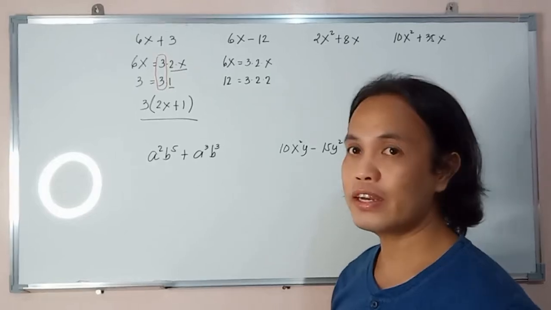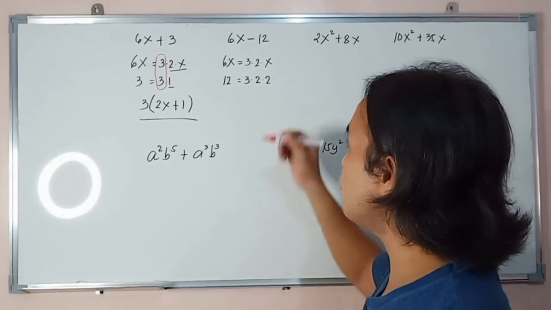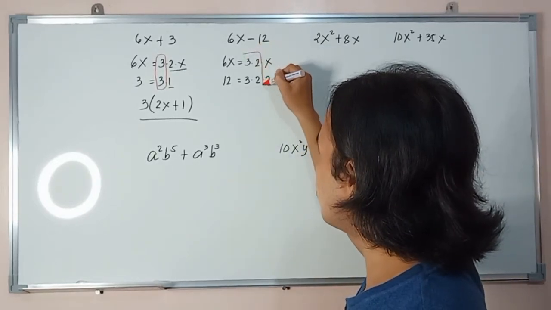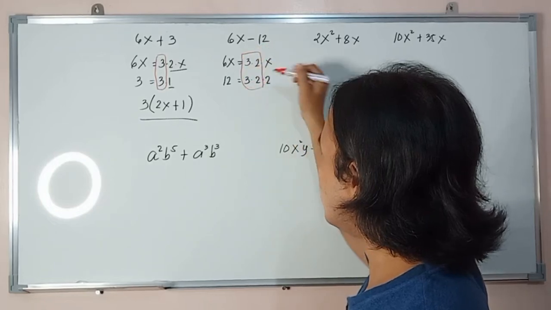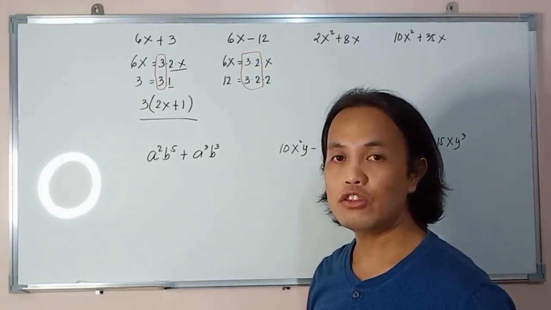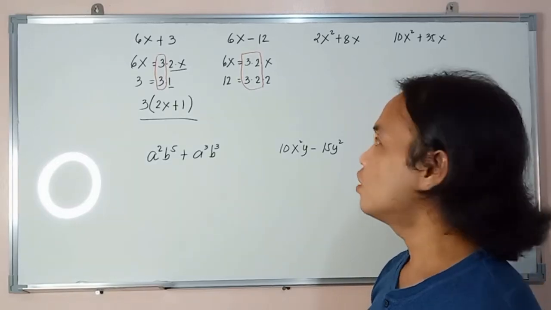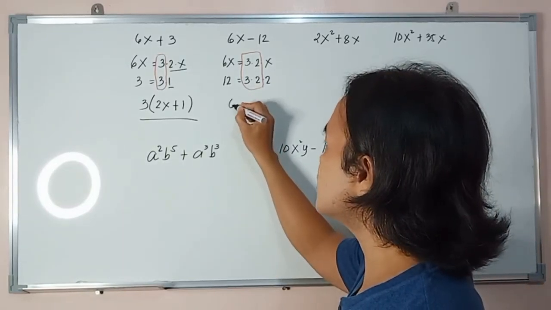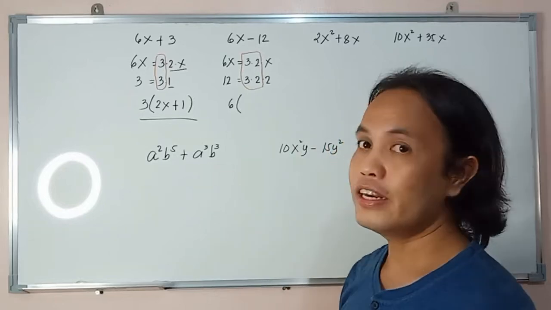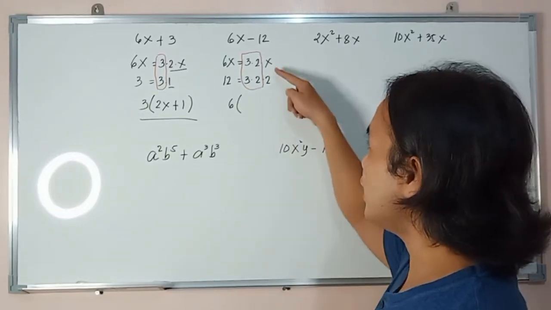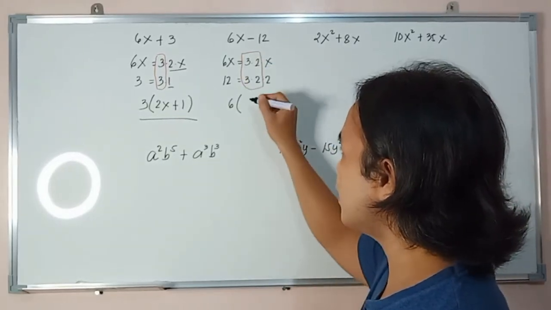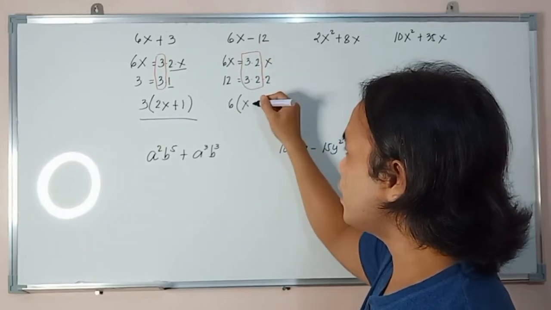Next is to identify the greatest common factor. We have 3 and 2, so 3 times 2 is 6. Our common factor is 6. The remaining factor for the first term is x, so we write x, copy minus.